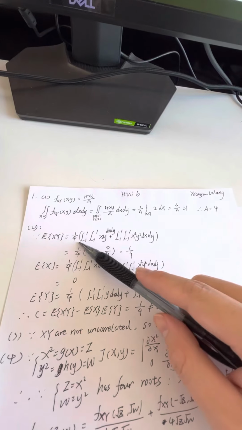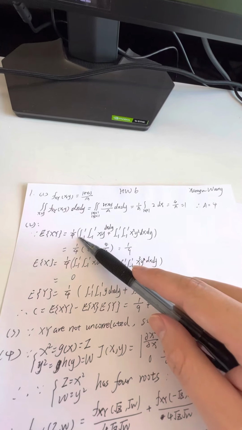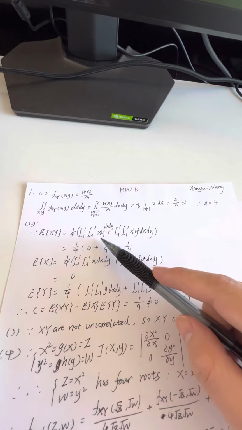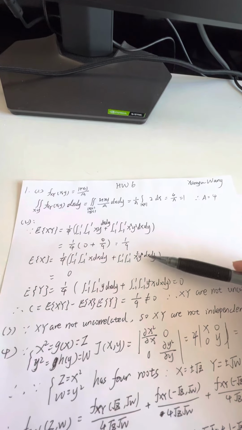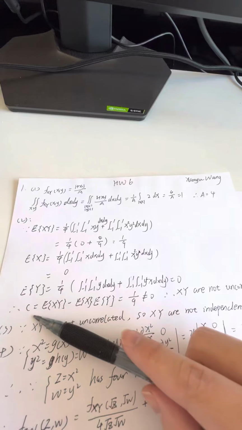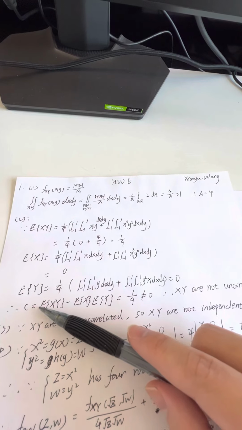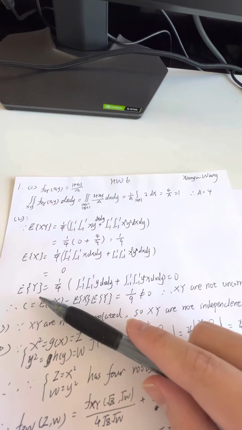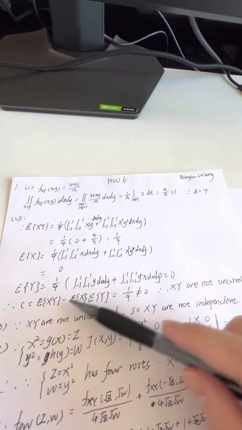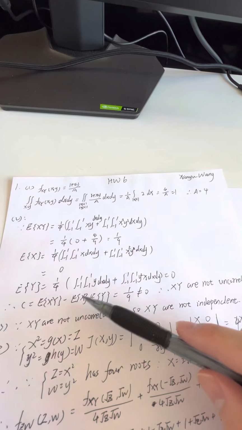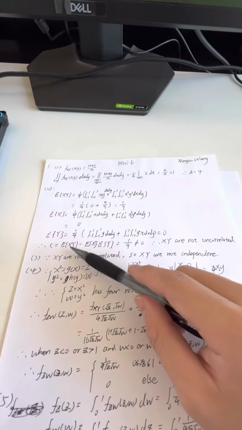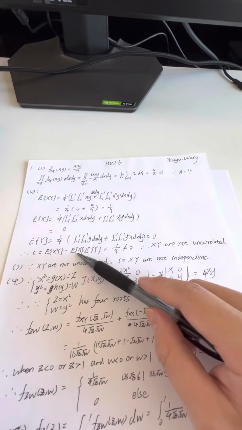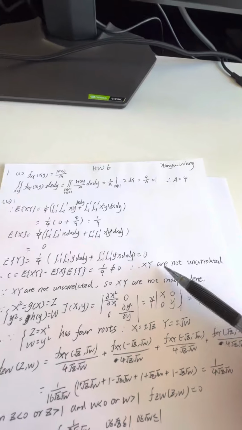It is just some simple integral calculation, and we get the result. And we find that the correlation coefficient doesn't equal 0. It doesn't equal 0, so x and y are correlated.